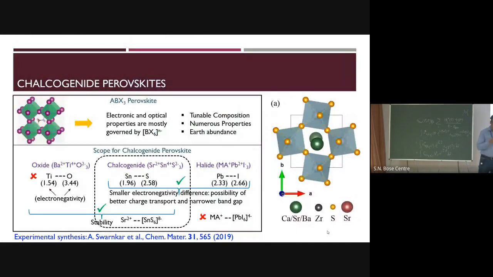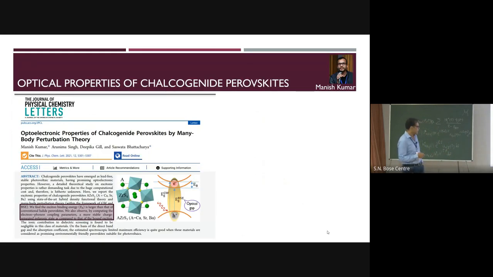That's why I switched from double perovskite to another class of material, the chalcogenide perovskite. These are also recently synthesized materials and pretty promising from an experimental perspective. But I do not think that they are very good, because once we did it, we found that the exciton binding energy EB is larger than that of conventional halide perovskites.